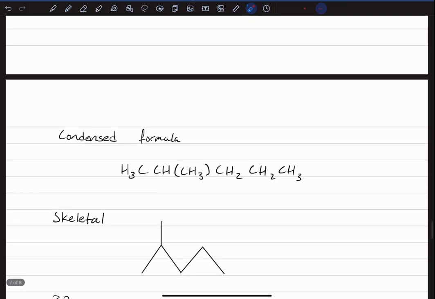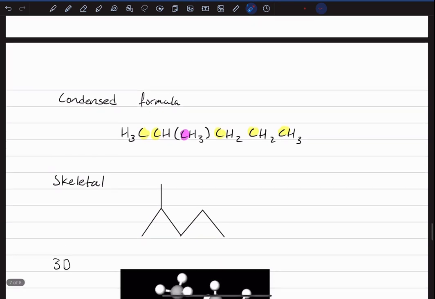It has a condensed formula of this where we can see 1, 2, 3, 4, 5 carbons in the main chain and a single carbon in the branch chain. Atoms that are shown in the bracket are the branched atoms.